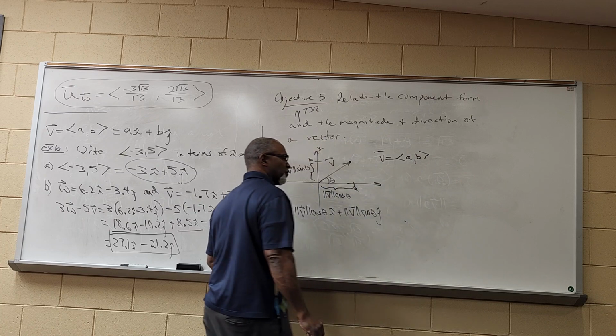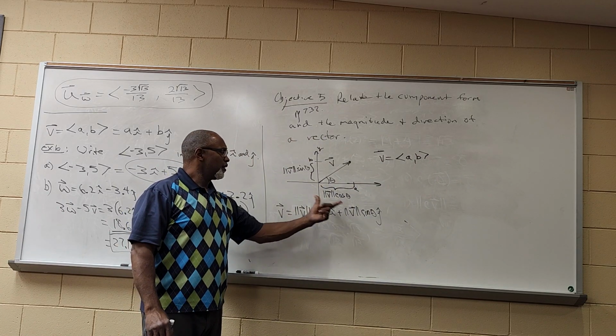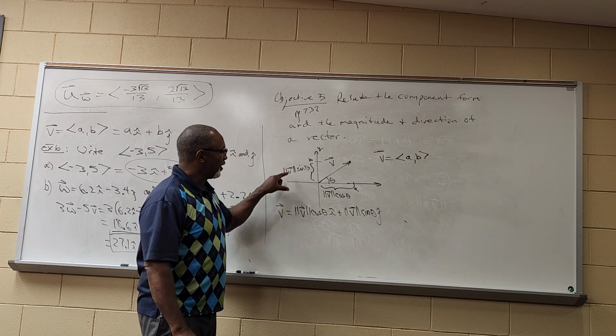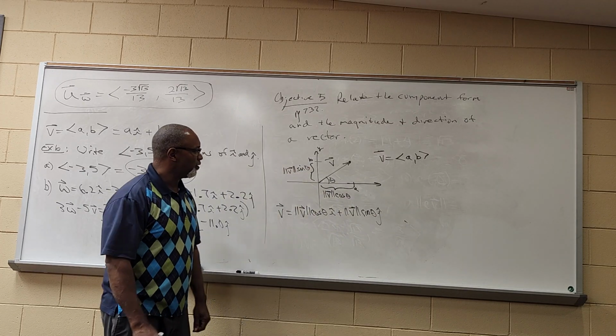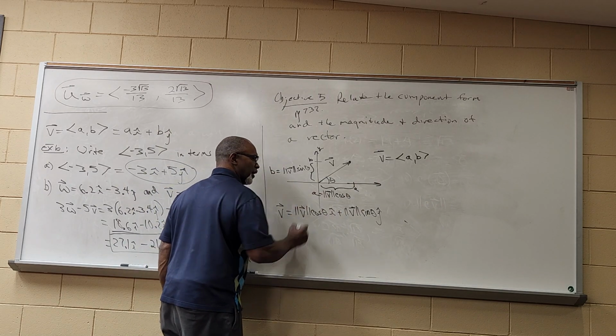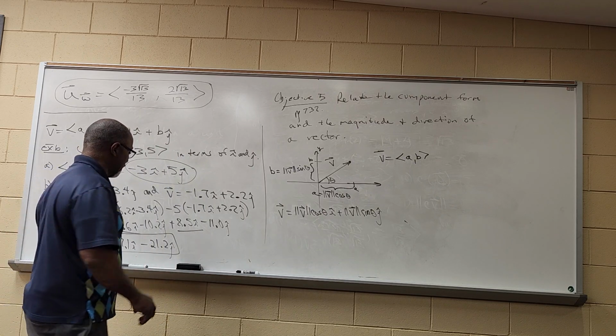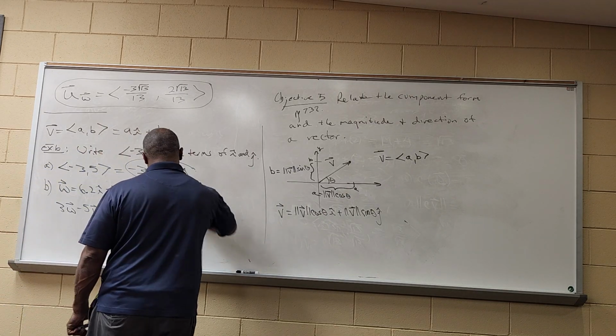But a is the same thing as the norm of v cosine of theta, and b is the same as the norm of v sine of theta. So that's what they're talking about by relating those two things.